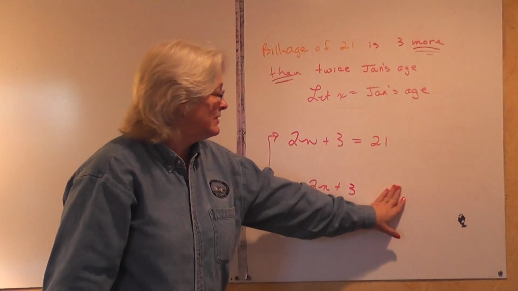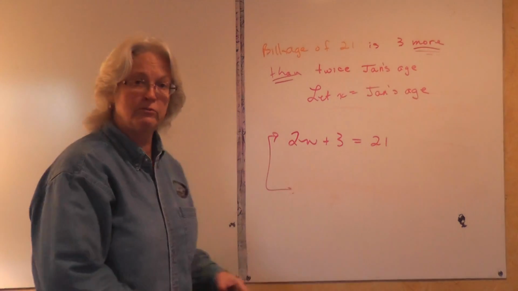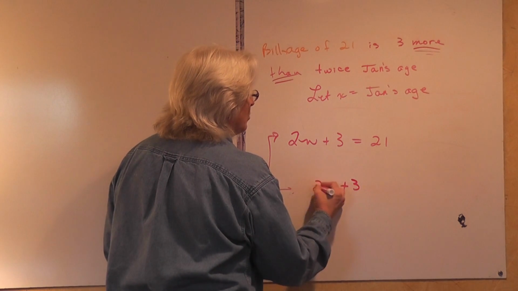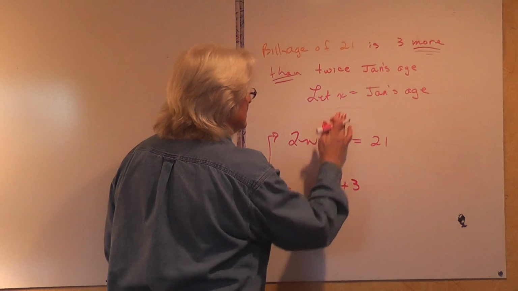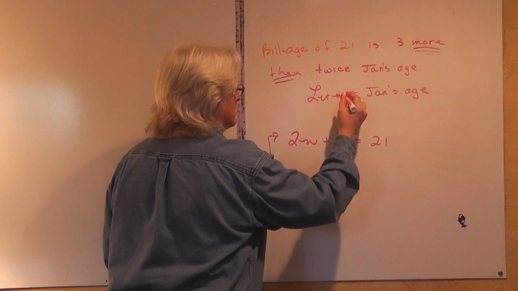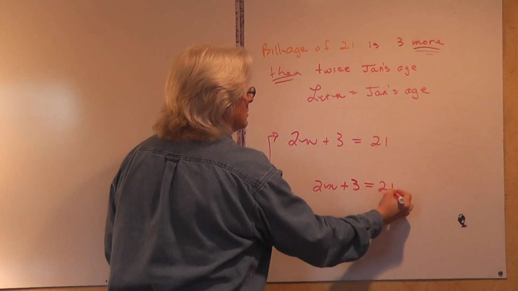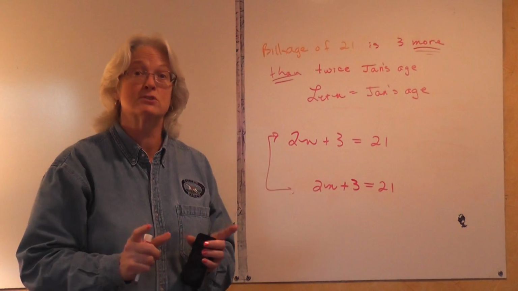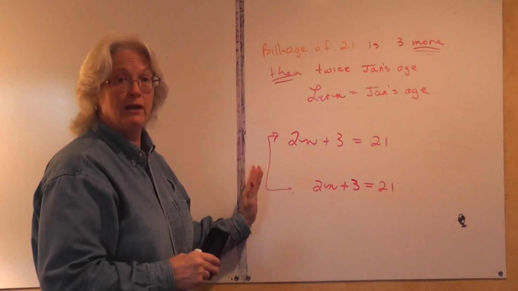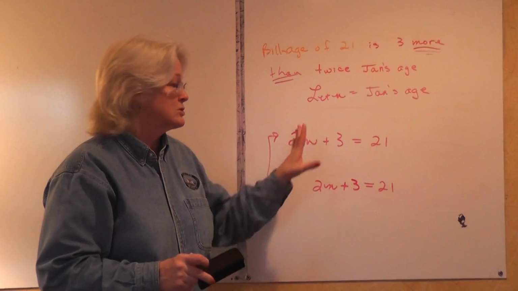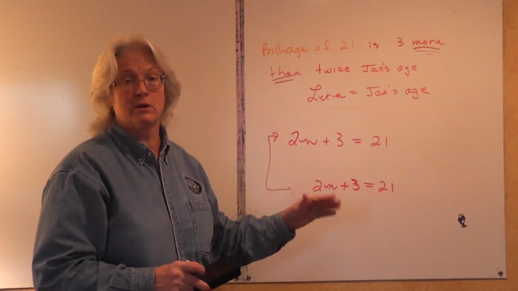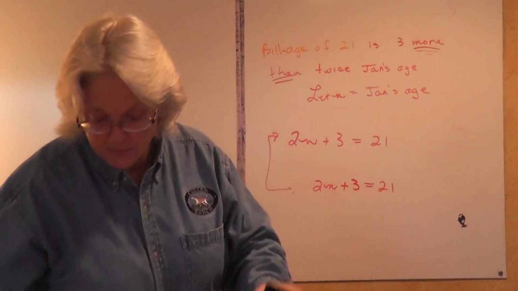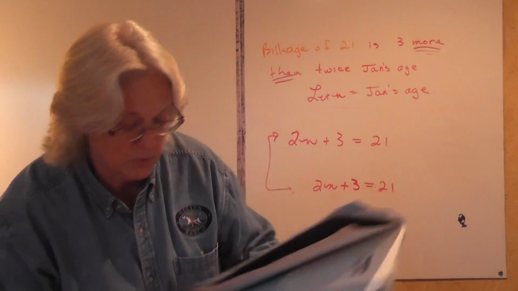Here, I read the expression, wrote the expression in reverse, and I said 3 more than twice Jan's age is 21. Whichever one of those two ways makes the most sense to you when you're translating, go ahead and use it. It makes no difference at all what your reasoning process is.